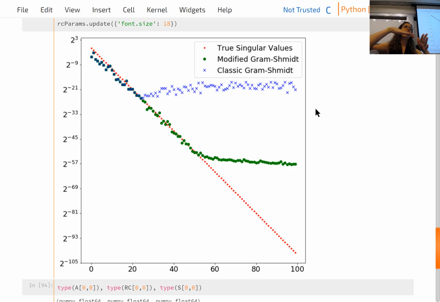You're doing the same thing, but changing the order of how you do things. But the error is compounding differently between them, even though mathematically, if you're proving it on paper and pencil, these should be equivalent. Yeah, good question.